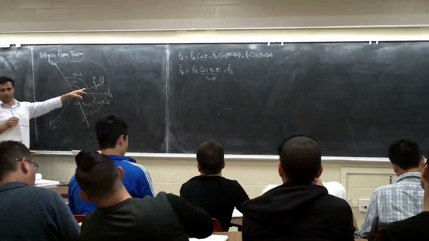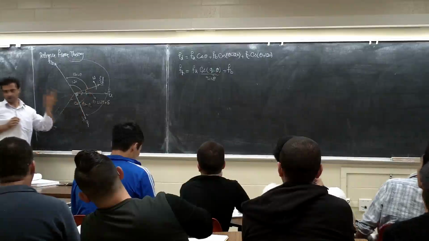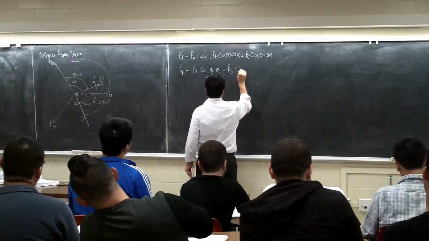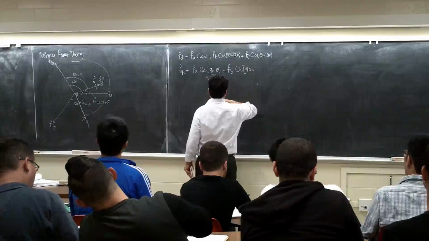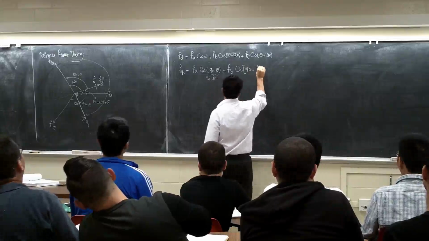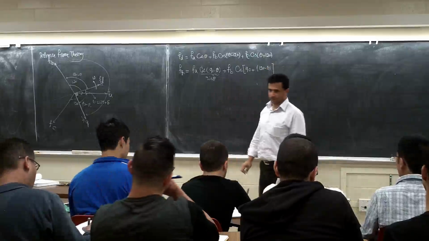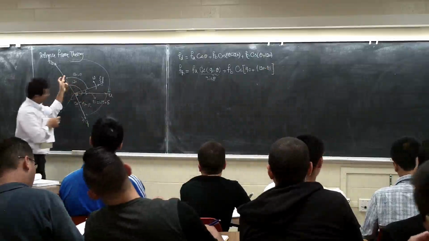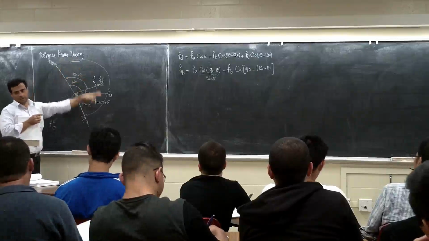This is 180 minus 120 minus theta. And from here to here is how much? 90. So I write it this way. It's going to be plus FB cosine of how much? 90 plus 180 minus 120 minus theta. Is it correct? So I say this angle plus this angle, so cosine of that.